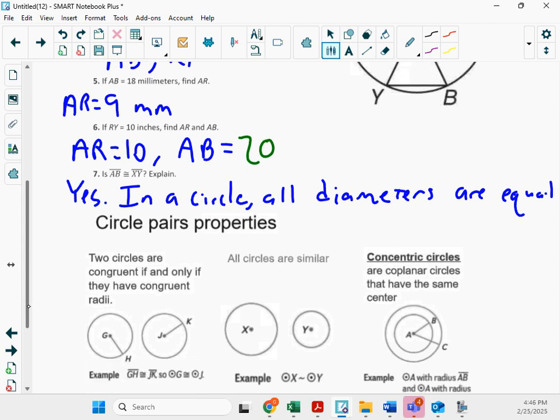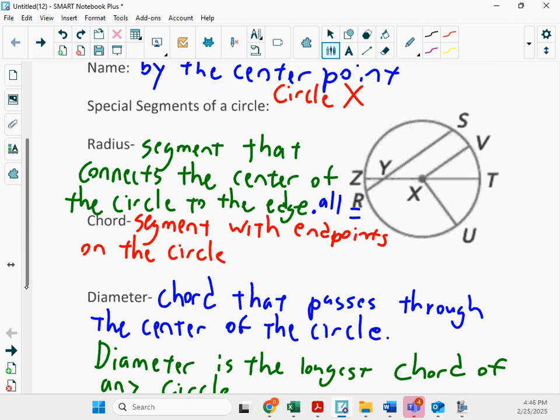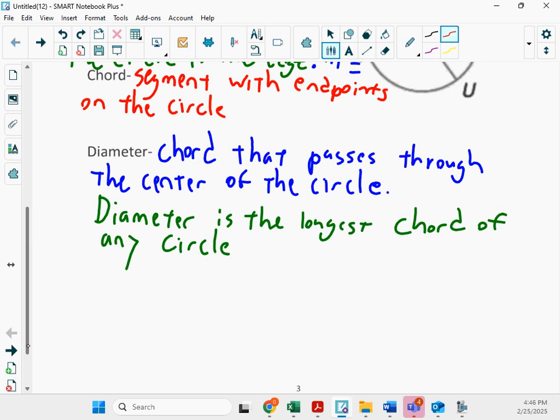So maybe we should go back to the definition of diameter. A diameter could also be thought of as two radii.